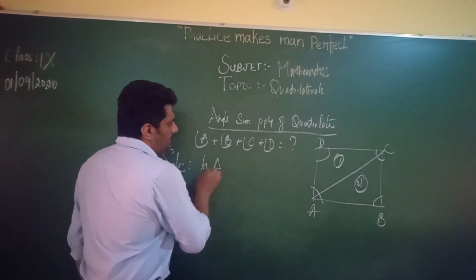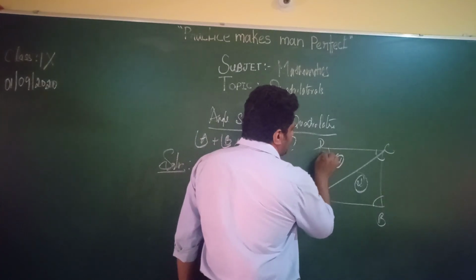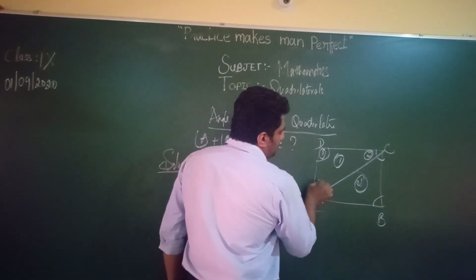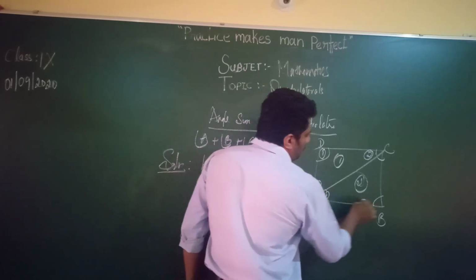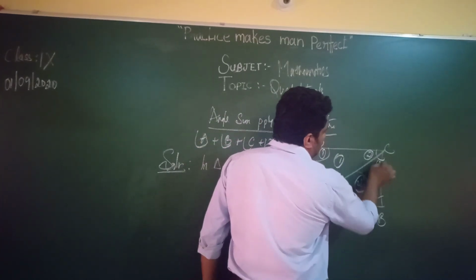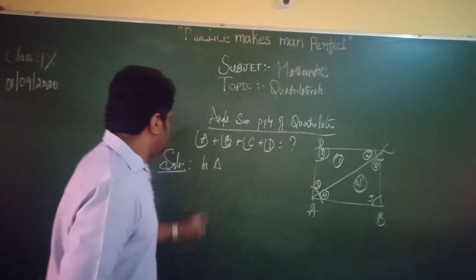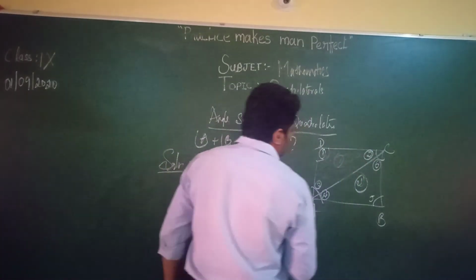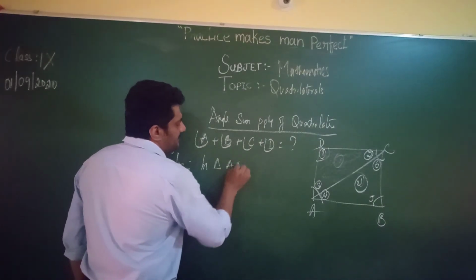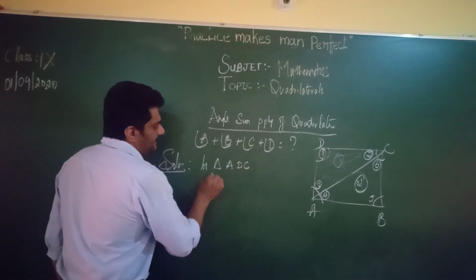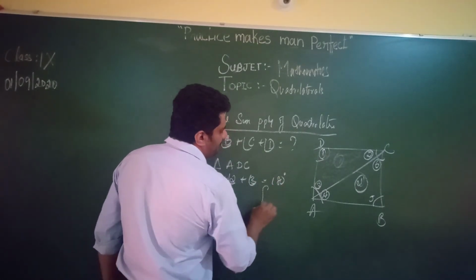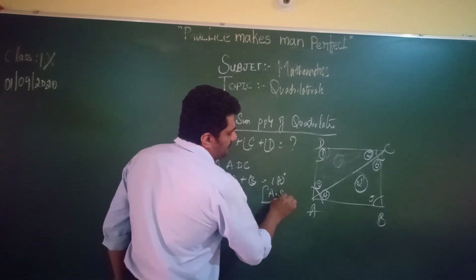Now let's make this as angle 1, angle 2, angle 3, angle 4, angle 5, angle 6. Then in this triangle I am talking about, triangle ABC, angle 1 plus angle 2 plus angle 3 is equal to 180 degree by angle sum property.